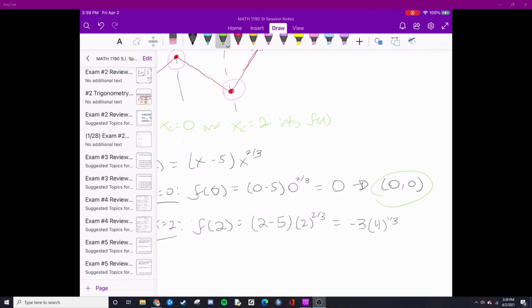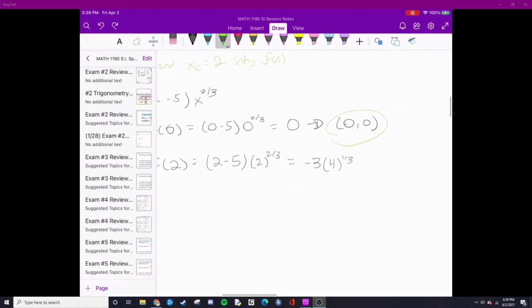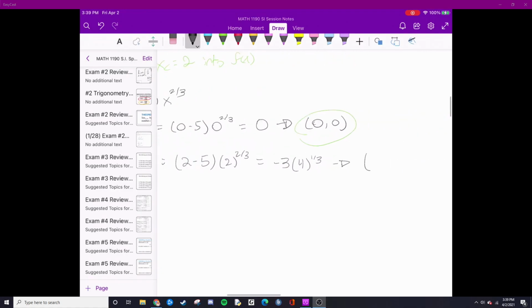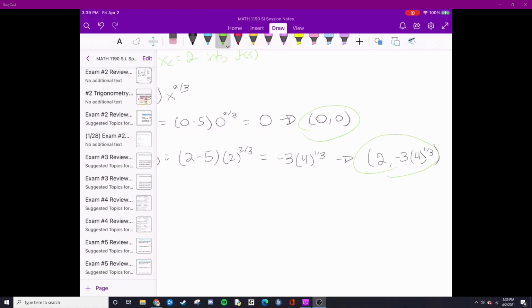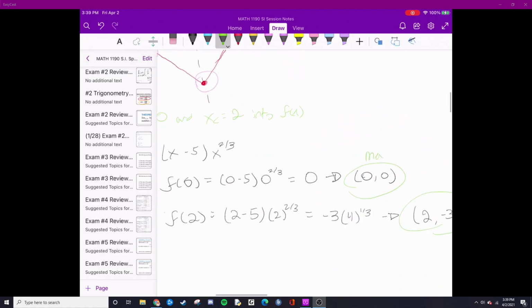And that is going to be our final answer. Or not final answer. We have to then write this as a point. My bad. So we started with 2 as our x value, and we know our y value is negative 3 times 4 to the 1/3, which is our local minimum. All right, so this one is the max, and this one is the min.